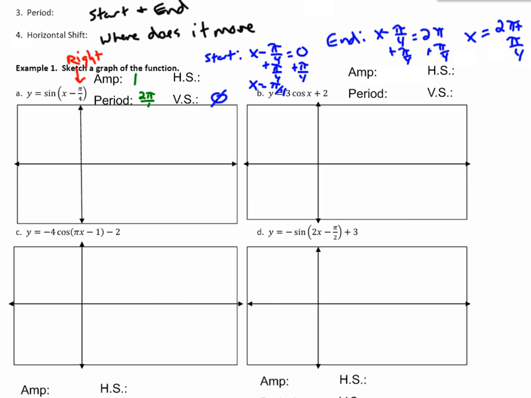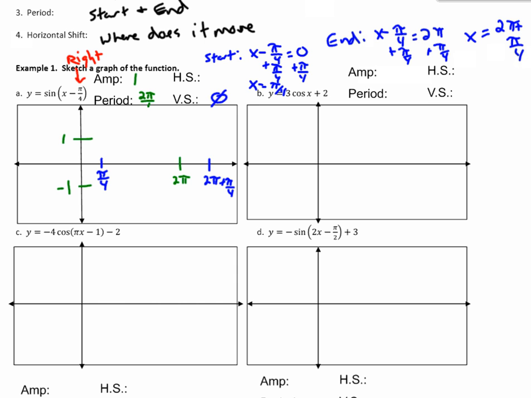I've got a vertical shift, which doesn't exist. I've got an amplitude, so it goes up 1 and down 1. I've got a period from 0 to 2 pi, and that's my period. But I also have a horizontal shift. So this actually started here at pi over 4 and ends over here at 2 pi plus pi over 4.